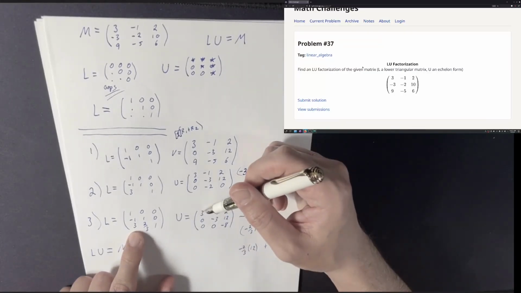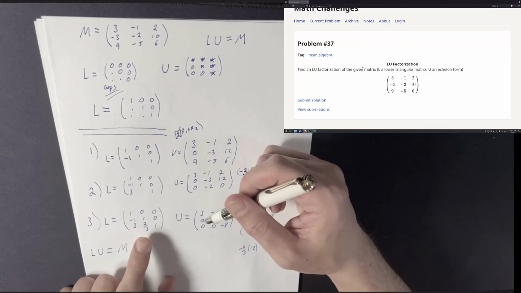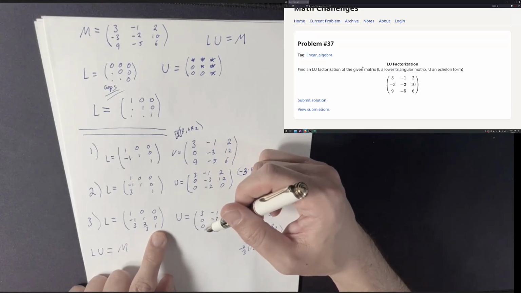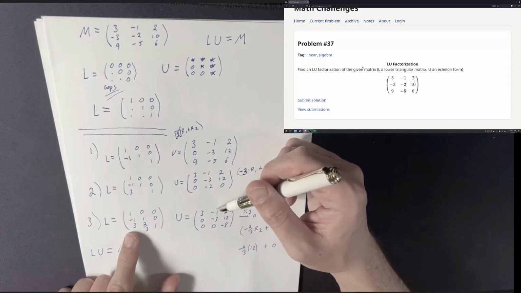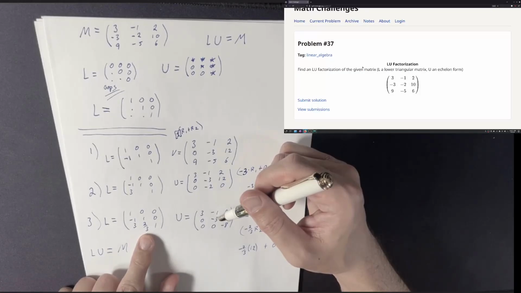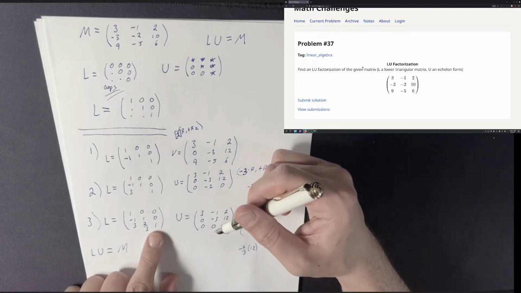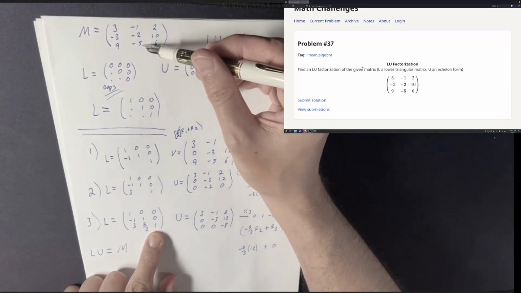3 of these would give me 9, plus 2/3 of this is still 0, gives me a 9. Plus 1 of these gives me a 9. 3 of these plus 2/3 of these. So negative 3 plus negative 2, plus 1 of these gives me negative 5, which is that number.